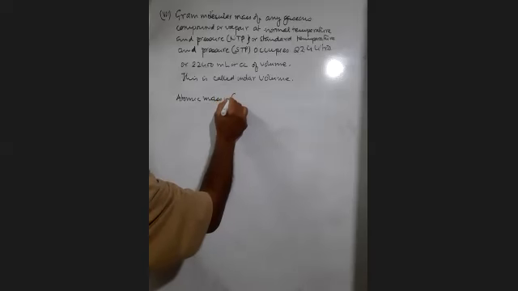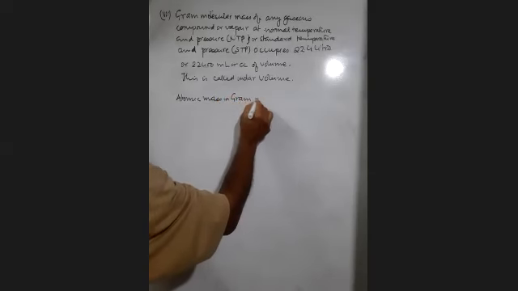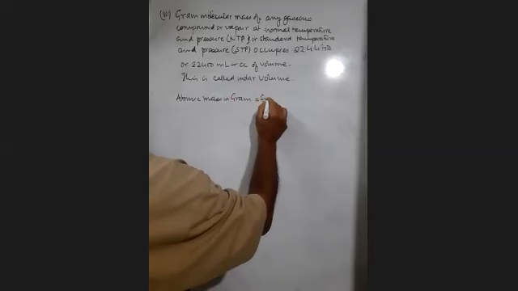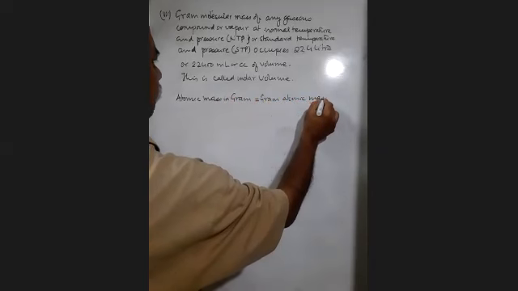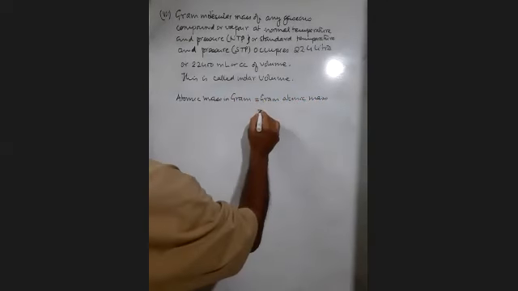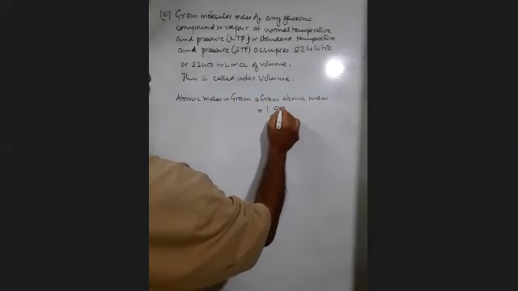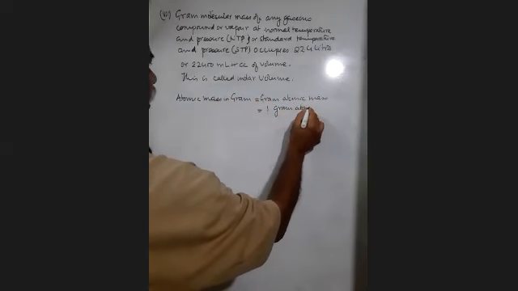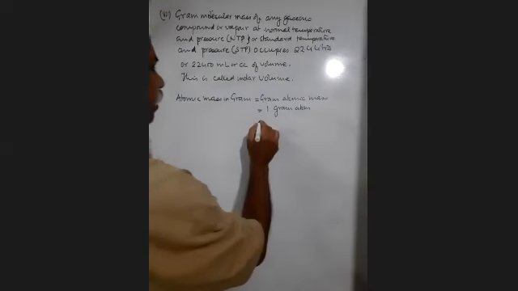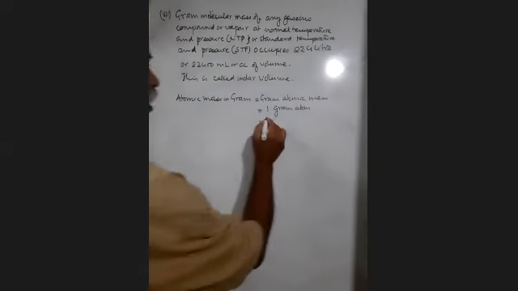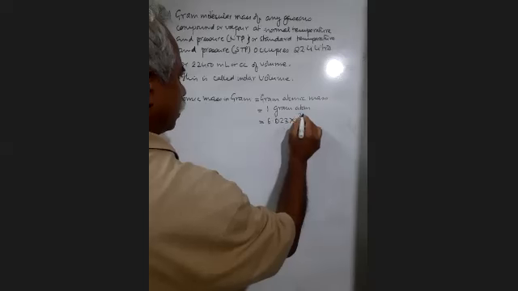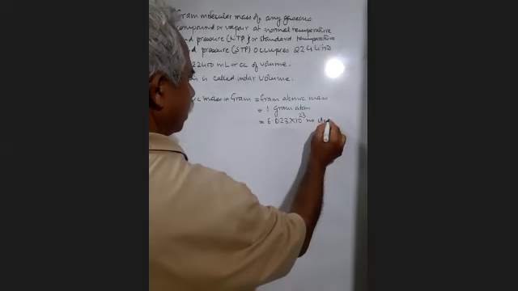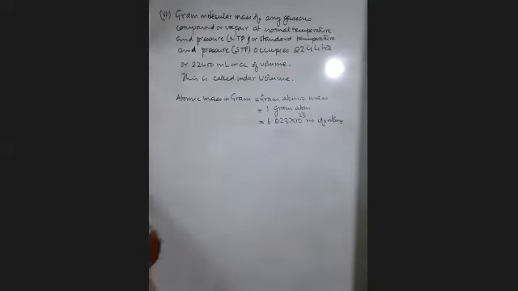Atomic mass in gram is called what? Gram atomic mass equal to 1 gram atom. How many particles is it going to have? It is going to have 6.023 into 10 to the power 23 number of atoms.